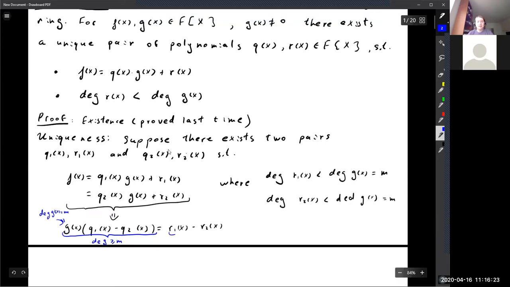But on the other hand, by the assumption, the degree of this must be strictly less than m. So in other words, there cannot exist two distinct pairs of quotient and remainder.